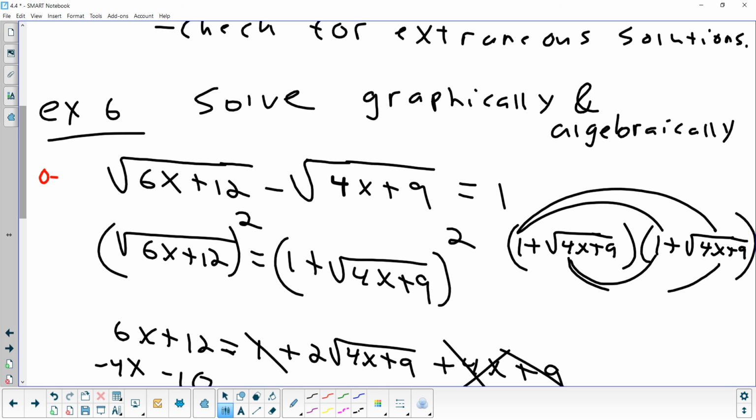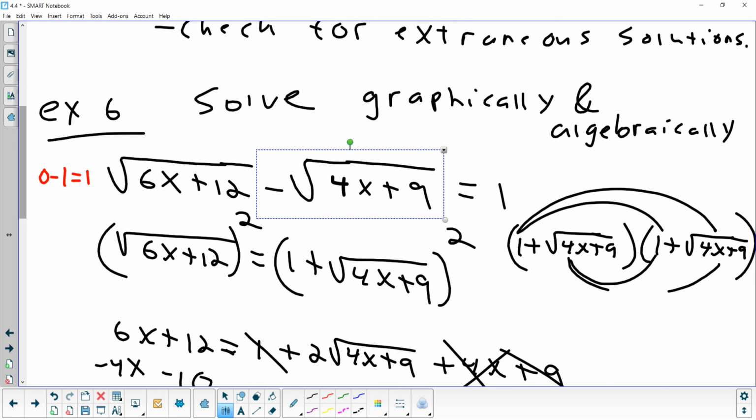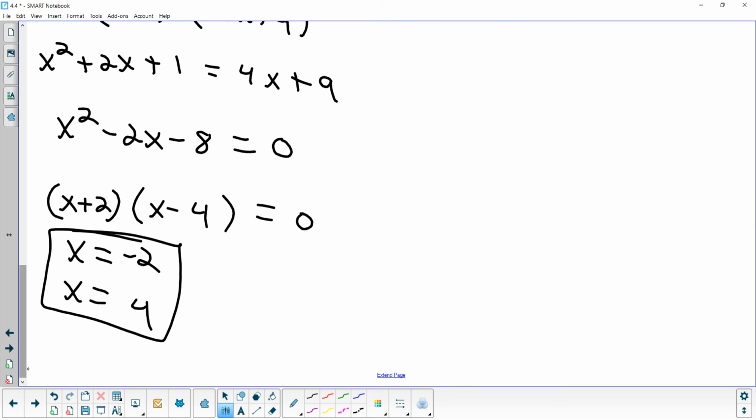What's 4 times negative 2? Negative 8 plus 9 is 1. And what's the square root of 1? 1. What's 0 minus 1? Negative 1. So what happened? Didn't work. So negative 2 is extraneous.